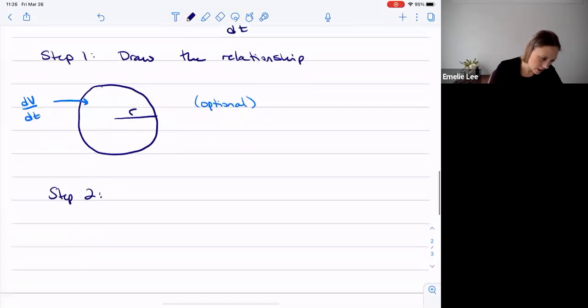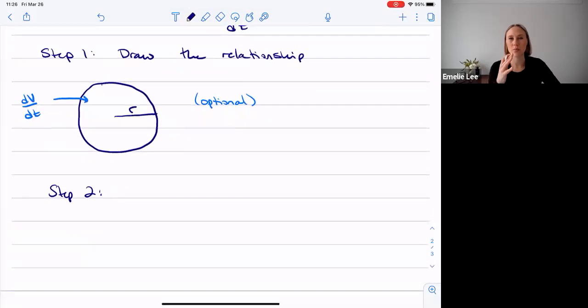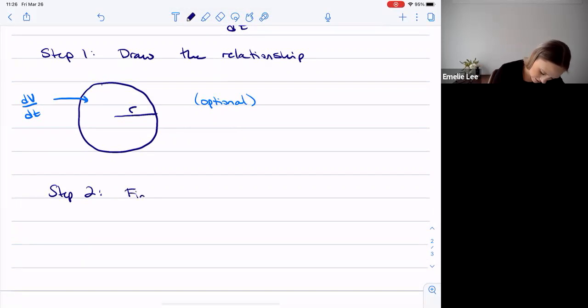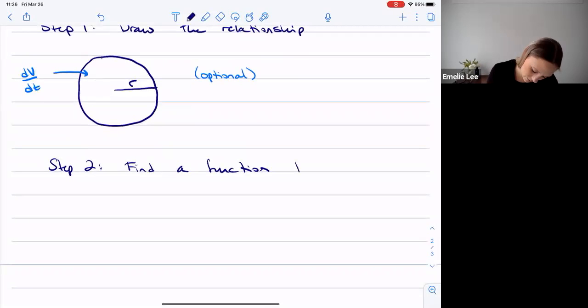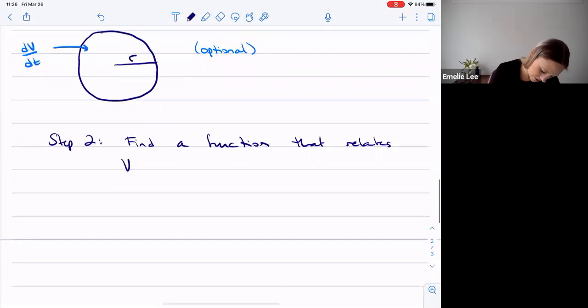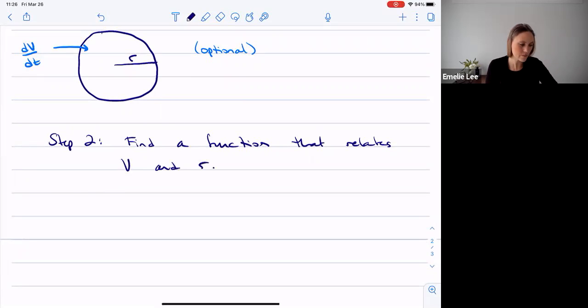So step 2 is we want to find a function that relates the volume and the radius. Sometimes we have to make that function, but usually that's when we have triangles, then we can make that function. So find a function that relates V and r. Don't worry about the derivatives because that's what we're going to do in the next step.